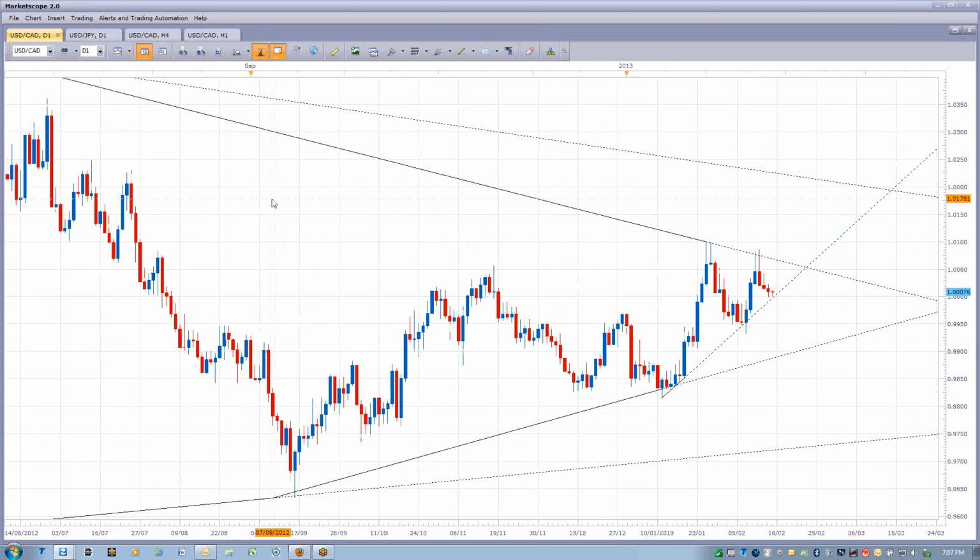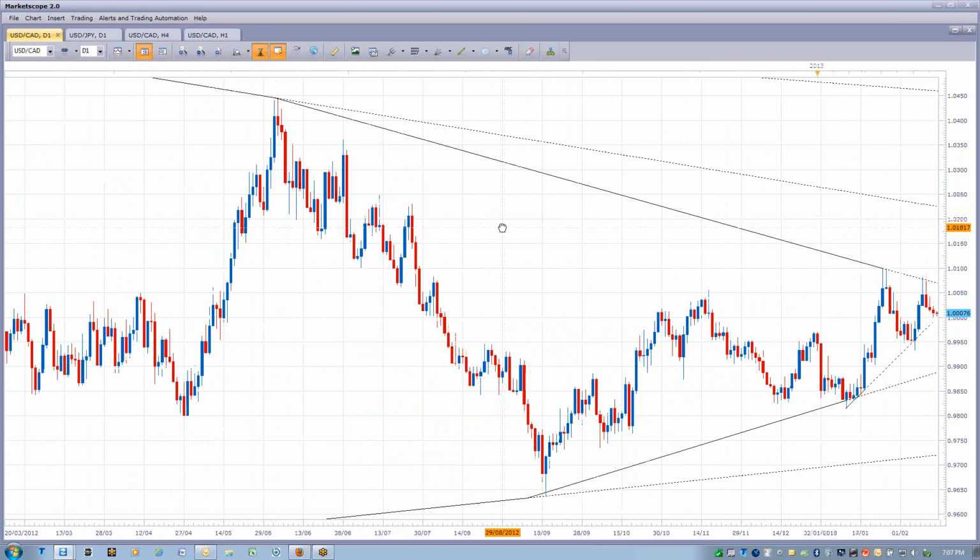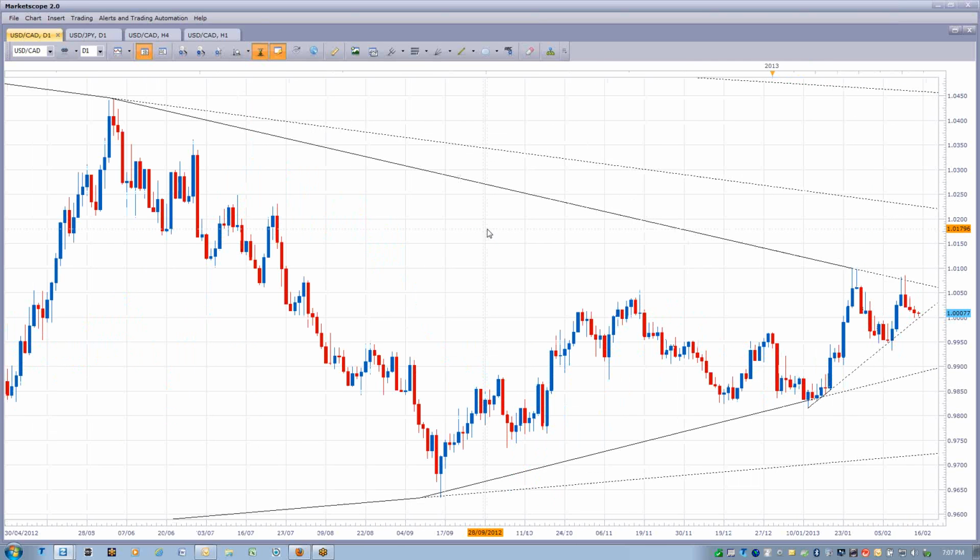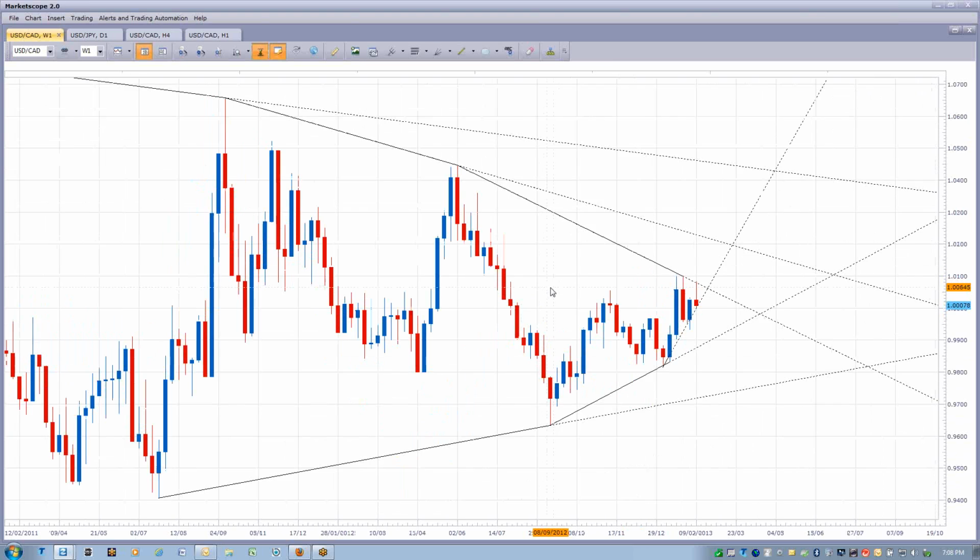But the thing is, why are you so convinced on the dollar CAD that it's going to go up and it's also a downtrend from that perspective?